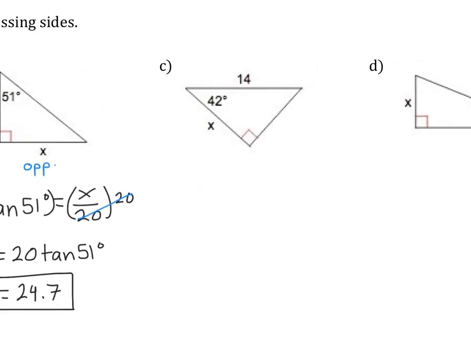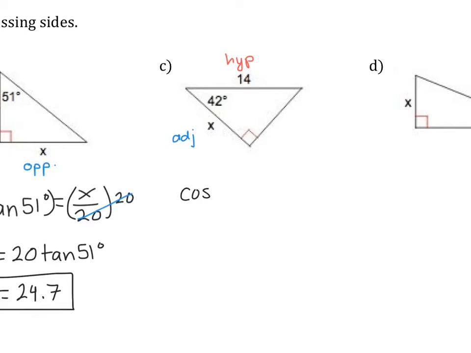Okay, let's try another example. So again, if I'm using this angle, I see this would be called the adjacent side because it's touching our angle. And then this is our hypotenuse because it is opposite our 90-degree angle. So then look at what words you wrote and ask yourself, which trig ratio uses adjacent and hypotenuse? And that would be cosine.